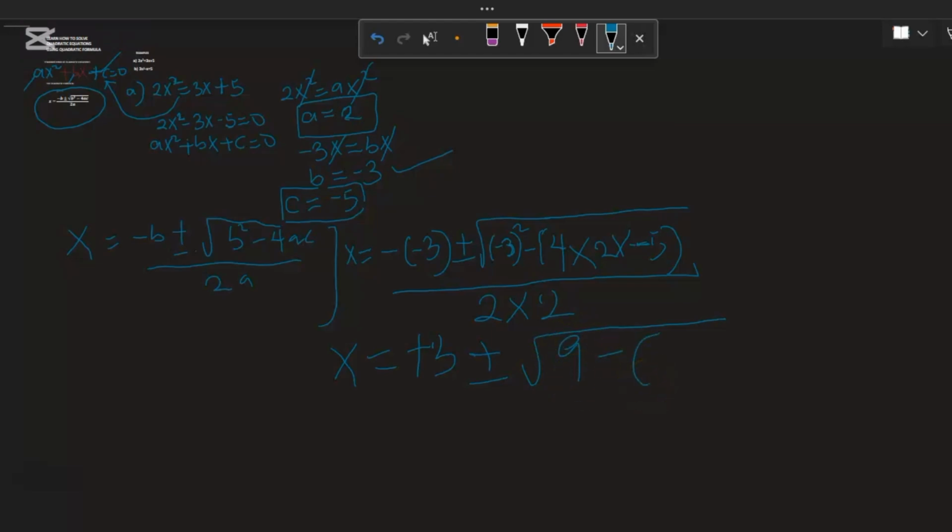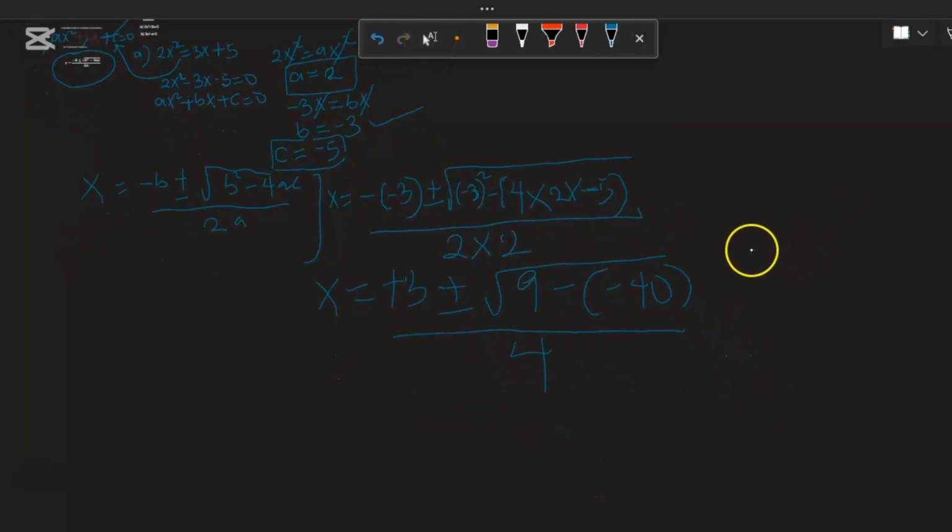Let's simplify this: 4 multiplied by 2 multiplied by negative 5 will give me negative 40, over 4. We are not done.